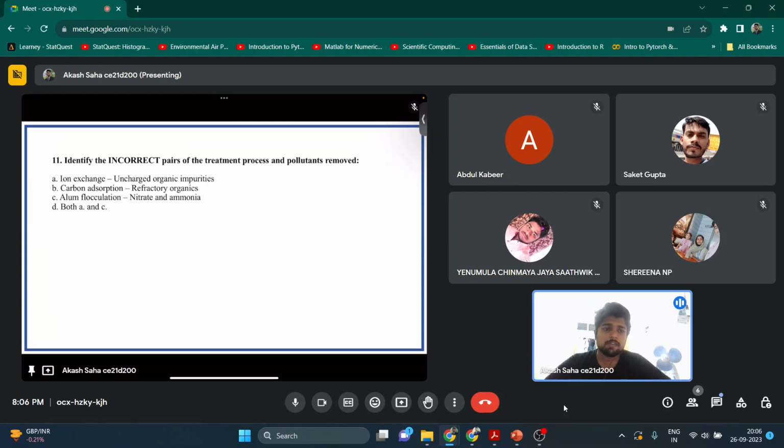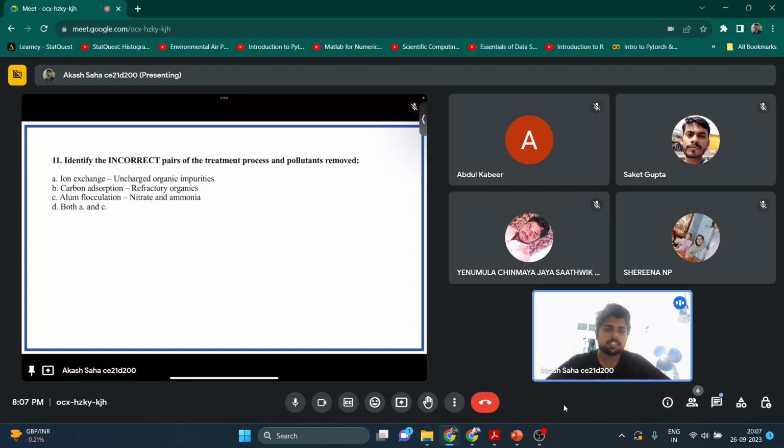See, alum flocculation. Does flocculation help in nitrate removal? Can anyone tell me where we use alum? Not for nitrate removal, right?